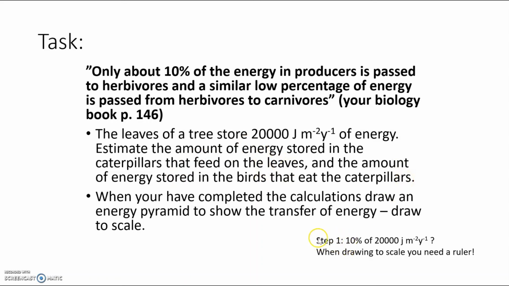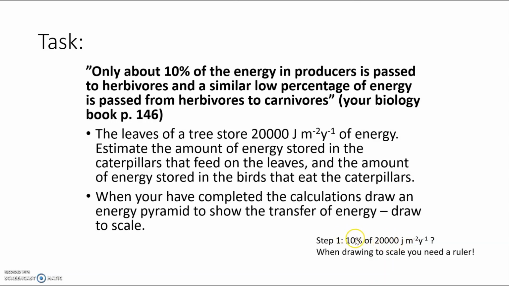So step 1 here would be to say, this is all the energy that we have stored in the primary producers. So that's the bottom level of our energy pyramid. And since we know that only 10% of this is passed on to the next level, the first step in this calculation is to figure out what is 10% of 20,000, because that's the energy that is then the next step in the pyramid.